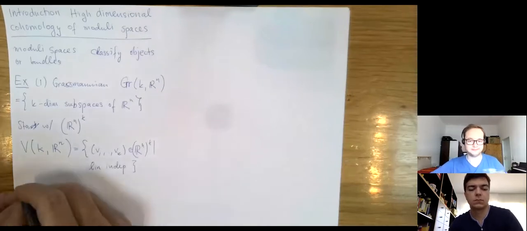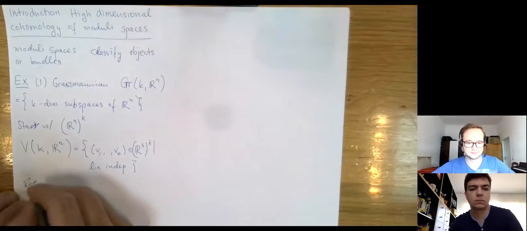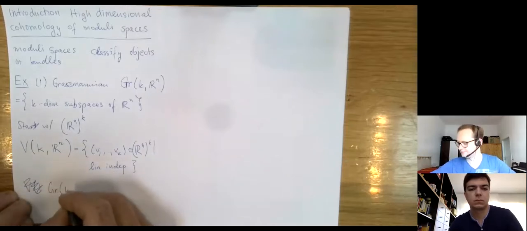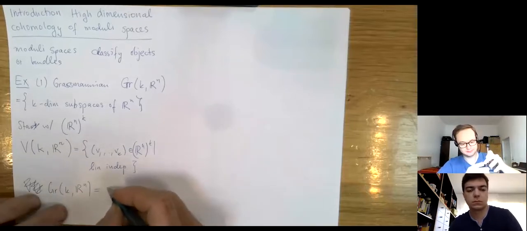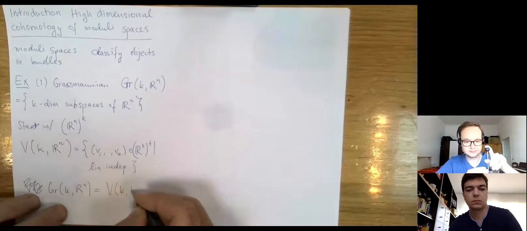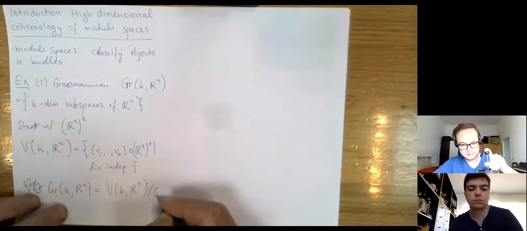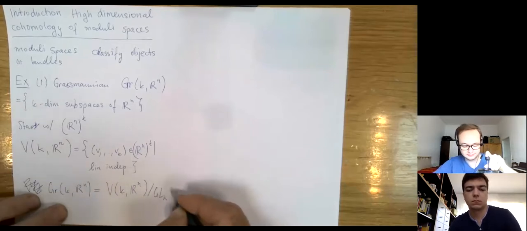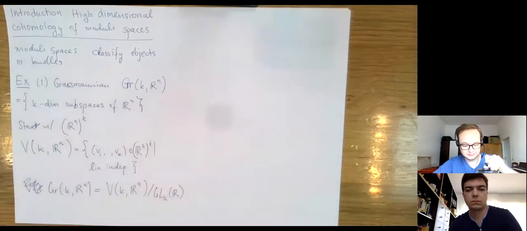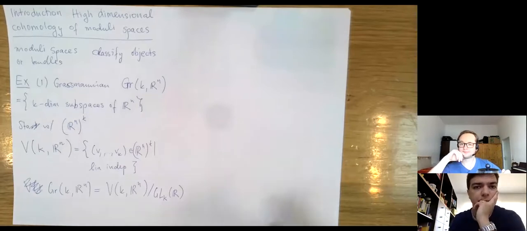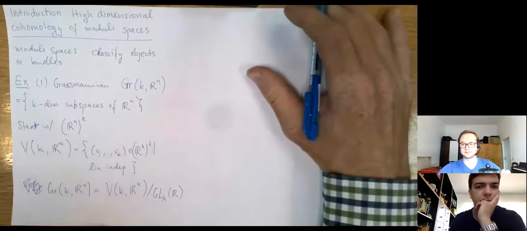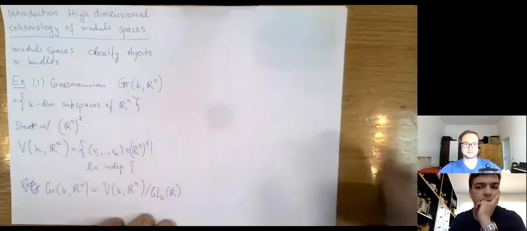And so in that way, Gr_k(R^n) is the same as the Stiefel manifold mod the general linear group, and you can put a quotient topology on it. And the upside of this is that you can classify vector bundles with the Grassmannian.